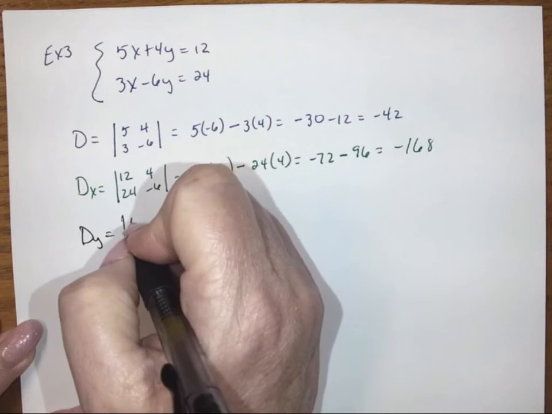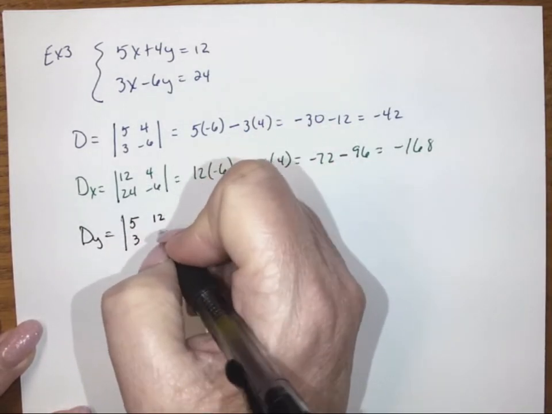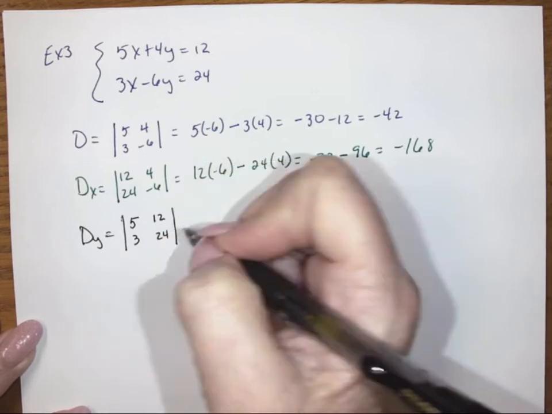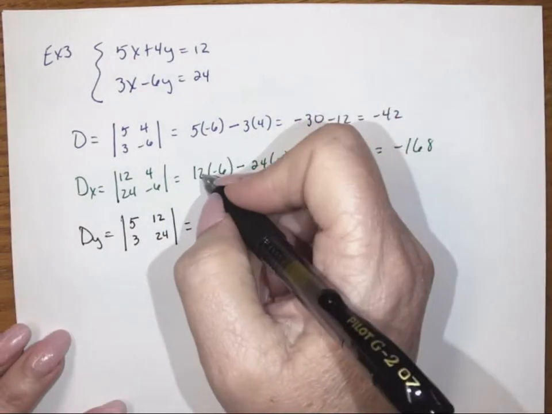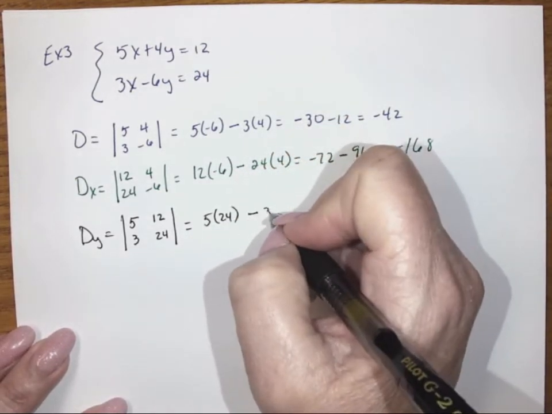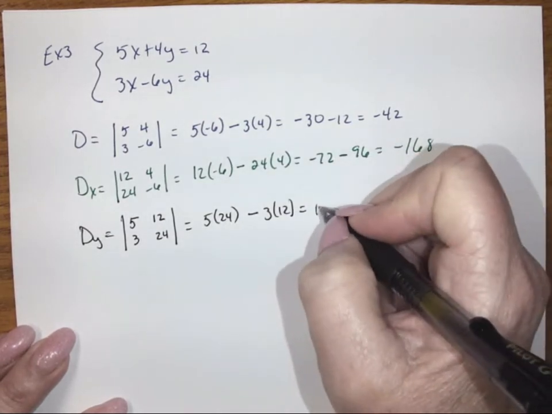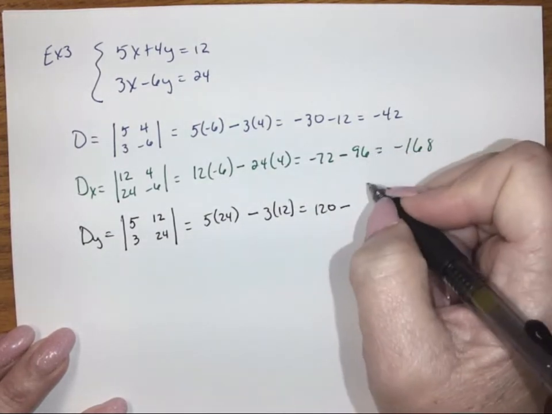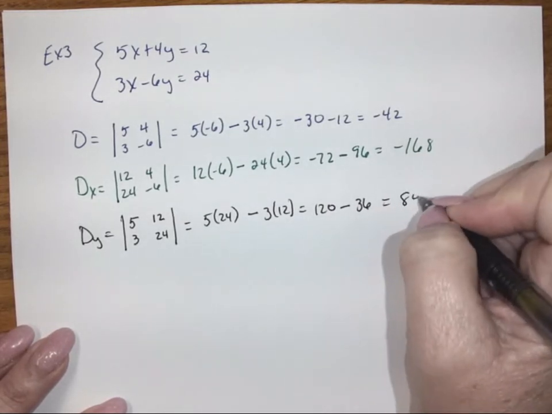So we're back to the x's being the original numbers, and now our y is 12 and 24. Those are the coefficients we're using. All right, so we have 5 times 24 minus 3 times 12. 5 times 24 will be 120 minus 3 times 12 is 36, which will equal 84.